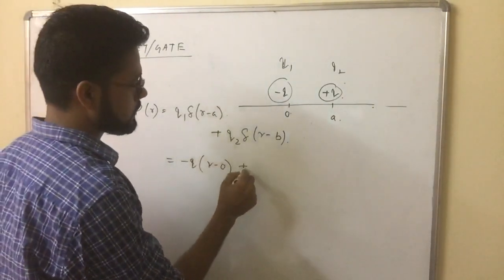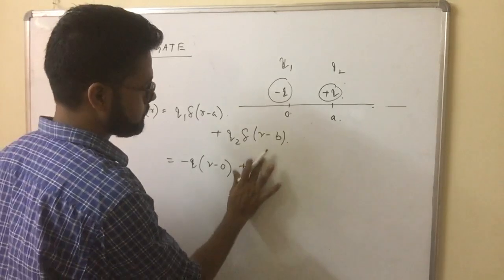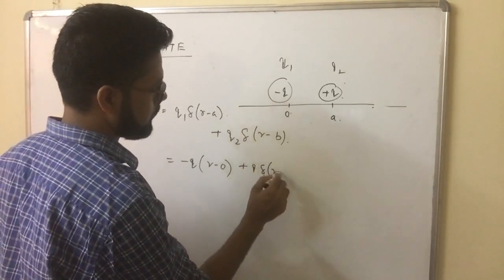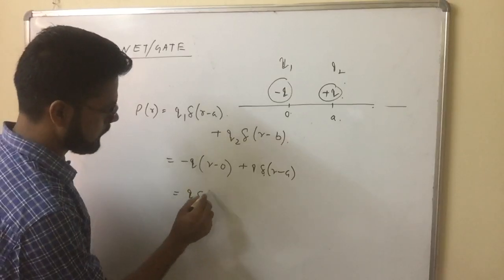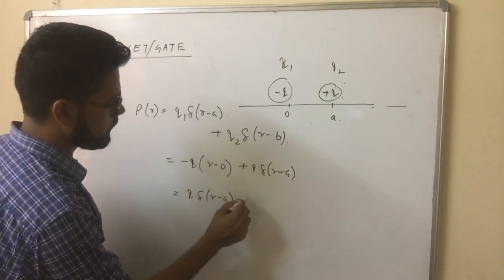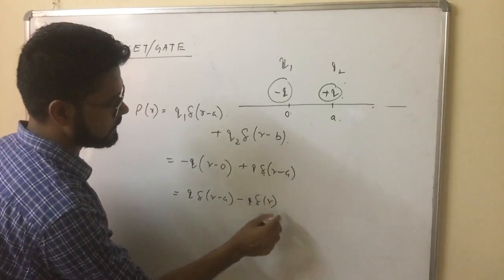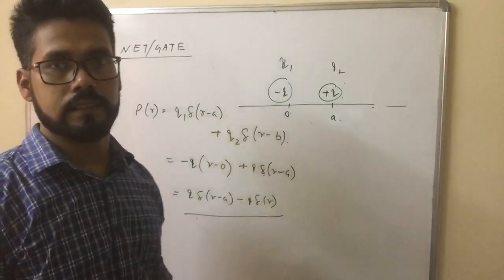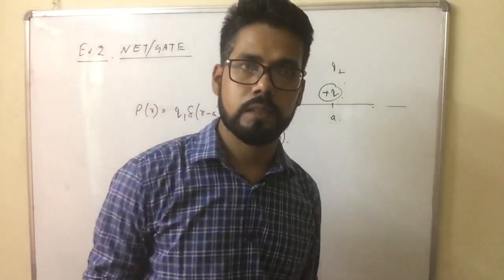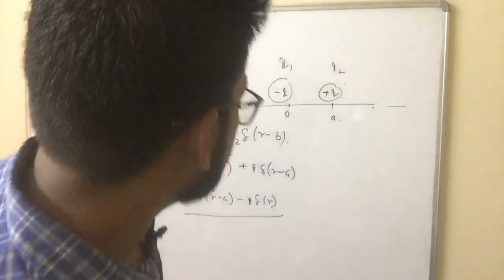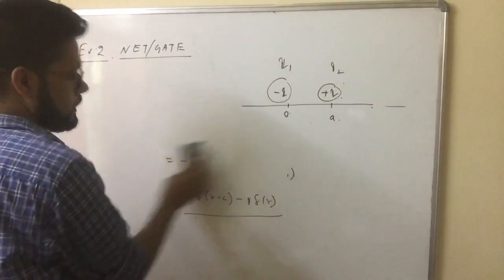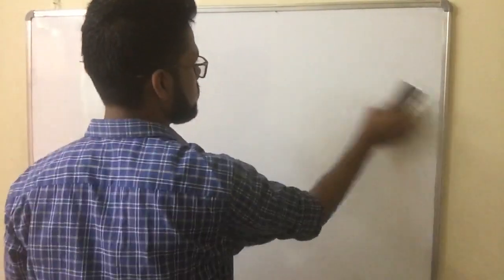And the next one is plus charge Q located at A, so Q delta of r minus a, and minus Q delta of r is the correct answer. This is why understanding of the delta function is very, very essential. Another question comes in the GATE exam. These have already come in GATE.